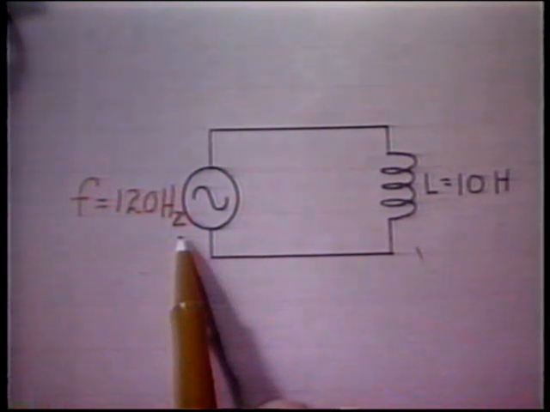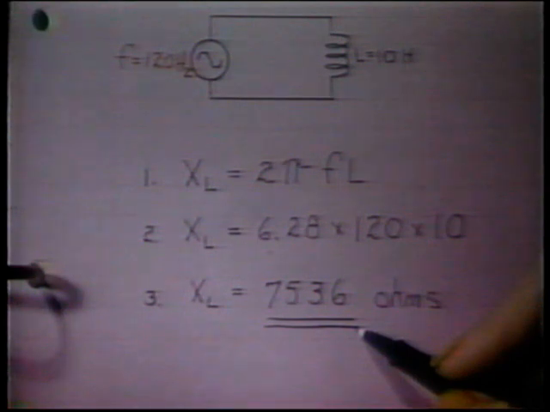Using the same circuit and keeping the inductance L fixed at 10 henries, the voltage source frequency is doubled to 120 hertz. Substituting the values in the formula, you obtain X subscript L equals 2 pi FL. X subscript L equals 6.28 times 120 times 10.